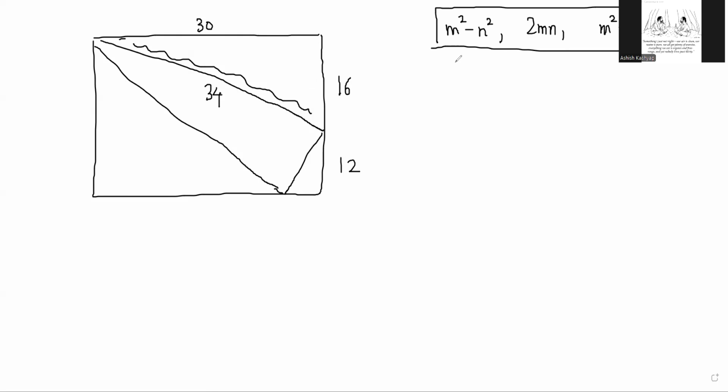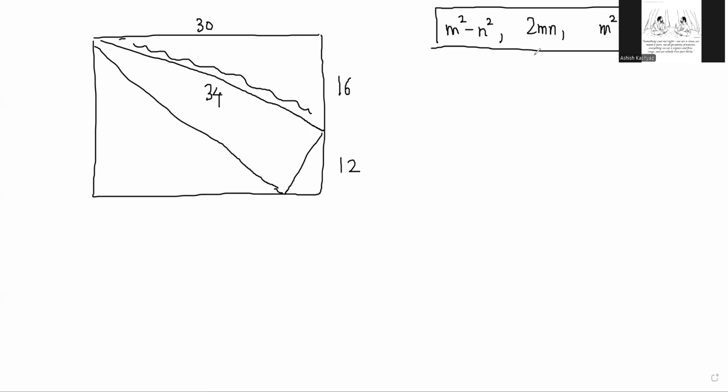And we said that 16 square, no, this was unknown. So we said unknown square plus 30 square is 34 square, right? And we said that 2mn is 30, right?